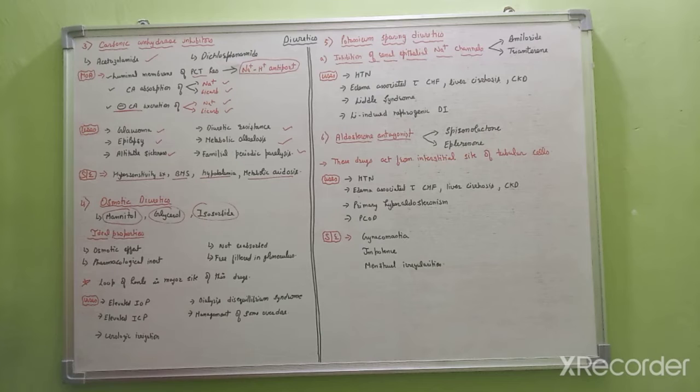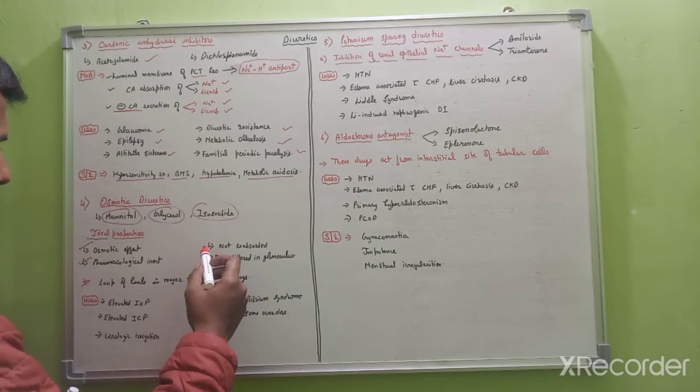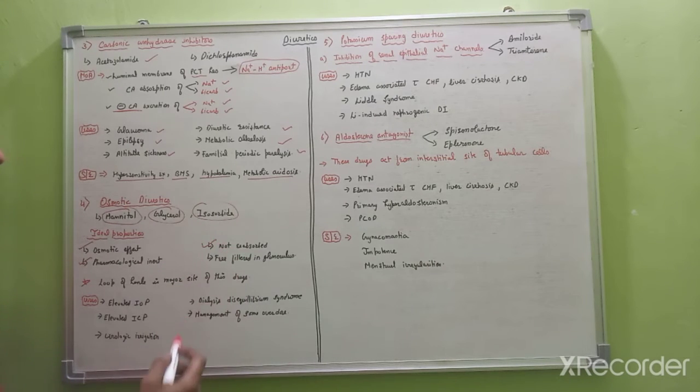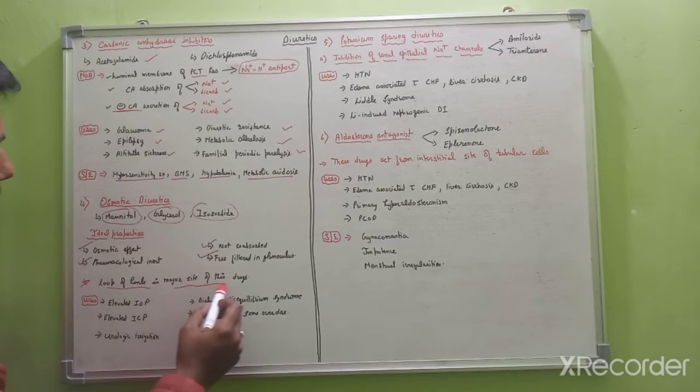The ideal property of osmotic diuretics is that they should exert an osmotic effect, be pharmacologically inert, and should not be reabsorbed, but should be freely filtered in the glomerulus. The main site of action of the osmotic diuretics is the loop of Henle.